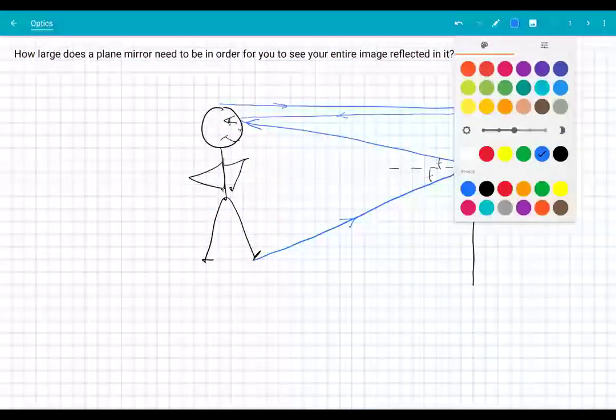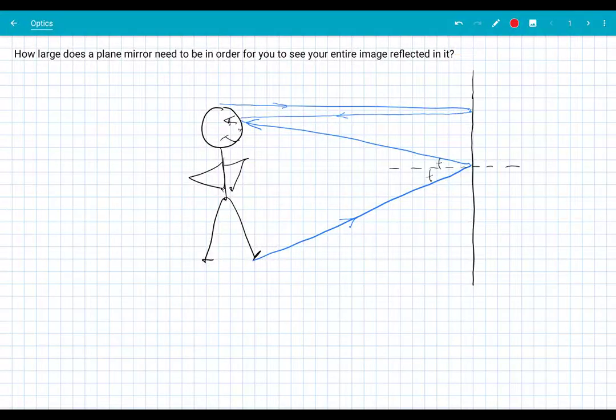And then to answer the question, the answer is that the mirror then really only needs to be this big, and that equates to about half the height of the person. So a lot of times when people first see this question, they will think about the mirrors that you buy at the store, the ones that hang on the back of the door, and those are really more about how big the door is, I guess, and the convenience of the mirror size, seeing yourself in context.